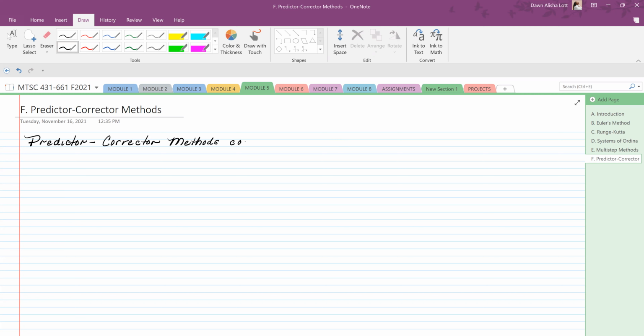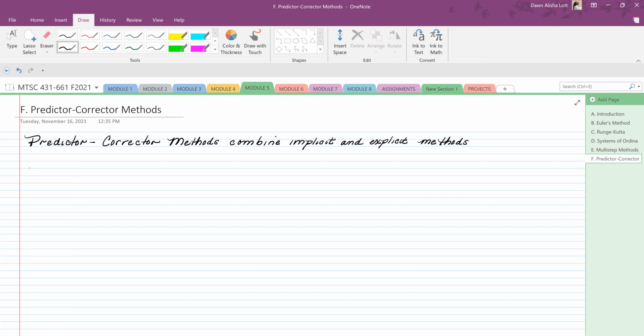So predictor-corrector methods combine implicit and explicit methods. And I like these methods. These are really wonderful. This is what I used in my dissertation. They are more accurate and they are generally very stable.